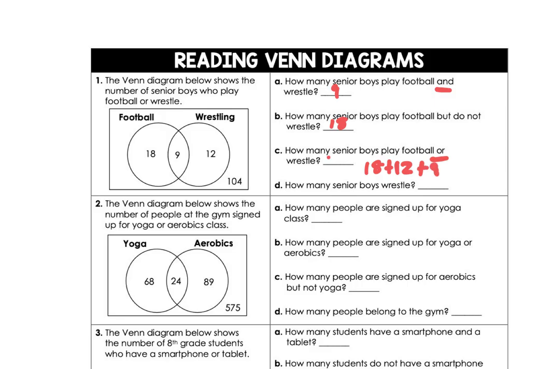Okay, and that gives us 39. How many senior boys wrestle? 21. Okay. We're just going to add everything that's in the wrestling circle. So 9 plus 12. Okay.